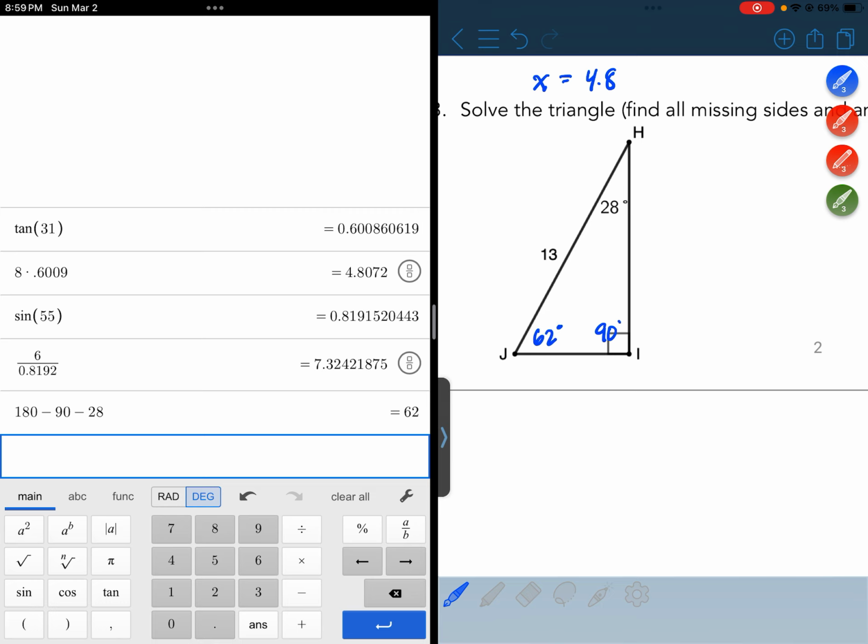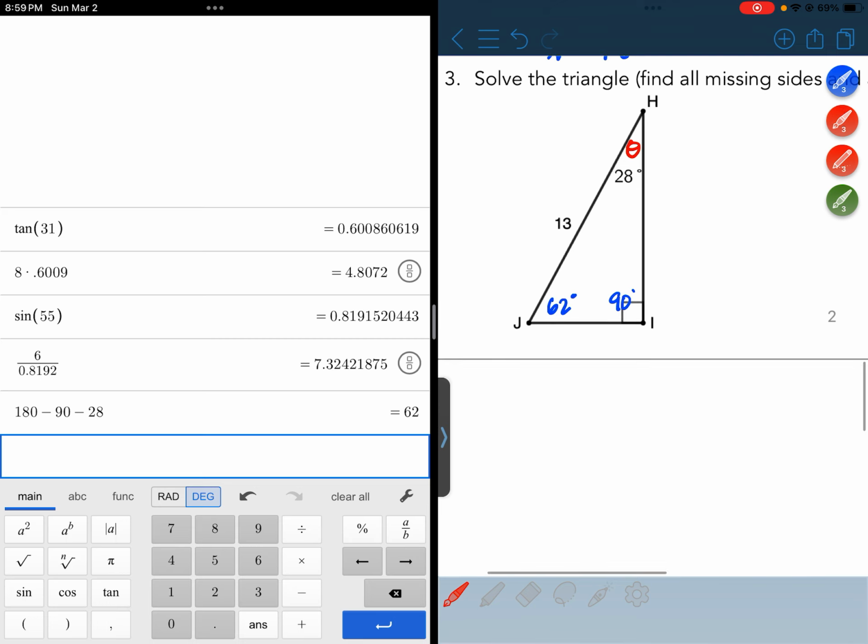Now let's find some of those missing sides. I'm going to change my pen color to red here. The original angle we knew was the 28-degree angle, which would make this side over here the opposite side. This would be the adjacent side, and this would be the hypotenuse.